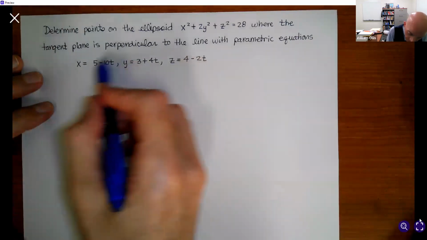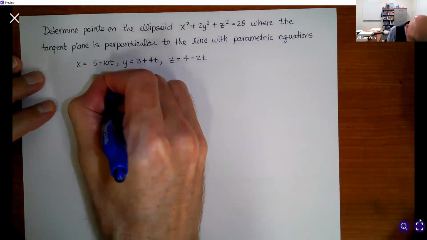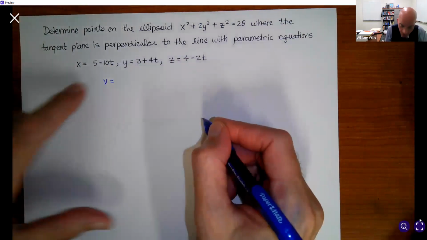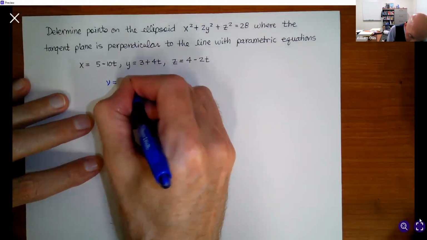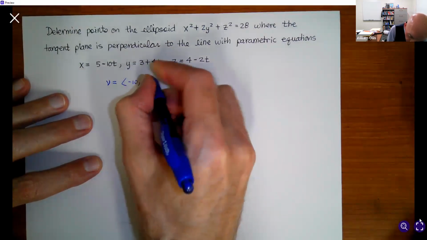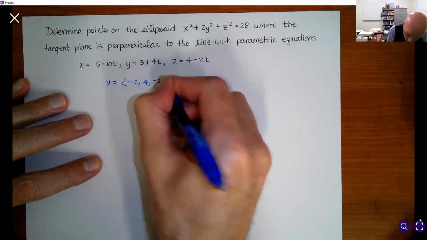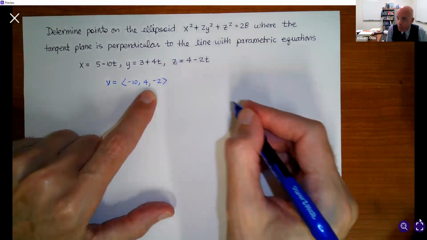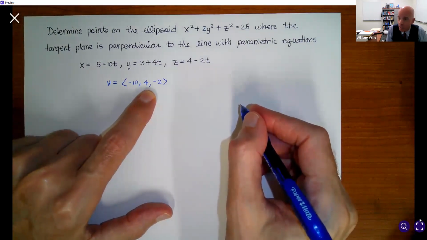Now we can write down the actual direction of the line by just looking at the coefficients of the parameter t. So we have a -10, a 4, and a -2. Of course, we can preserve the direction if we factor out the extra.